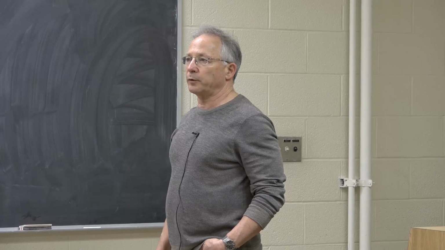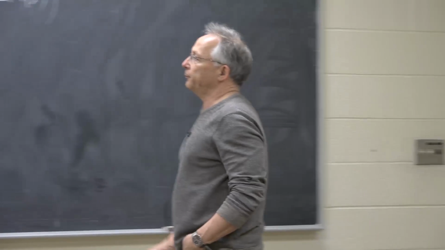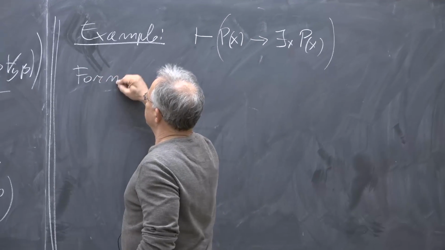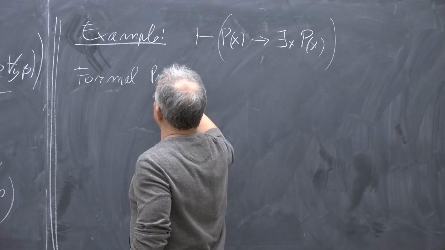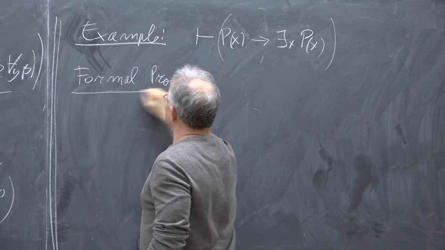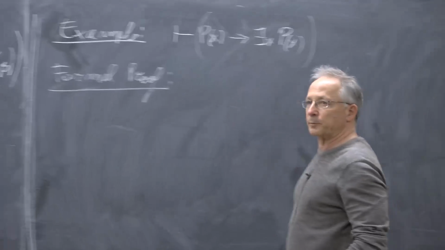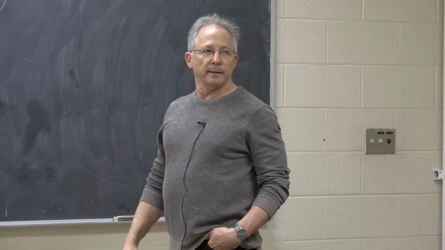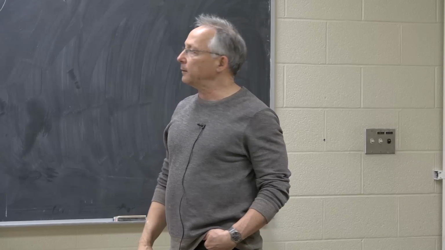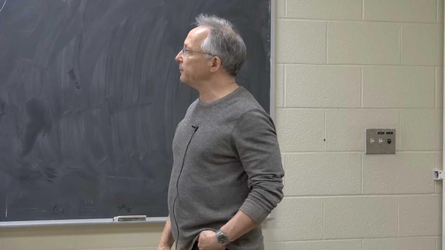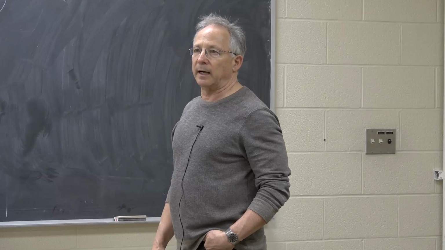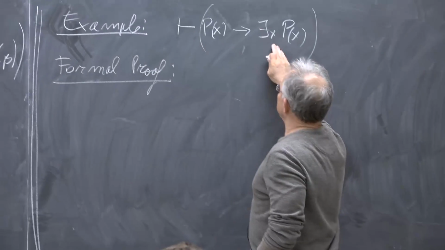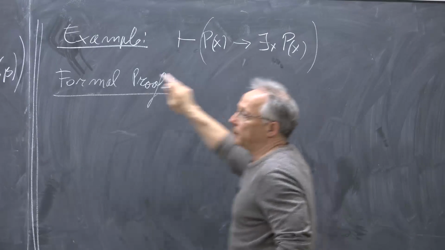So how shall I prove it? So here is a formal proof. A formal proof should consist of a sequence where every line is either an axiom or the result of applying modus ponens to previous lines. So first of all, just translate it to our formal language.